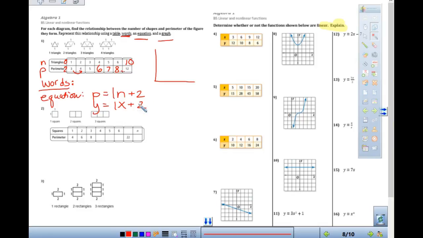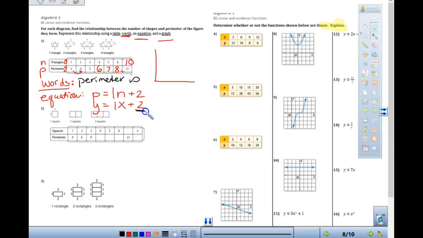So when you write the words part, I might say, what's happening to the perimeter is, how could we say it, than the number of triangles? Perimeter is always how much more than the number of triangles? It is always 2 more.